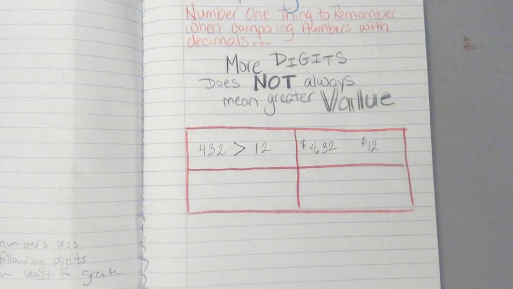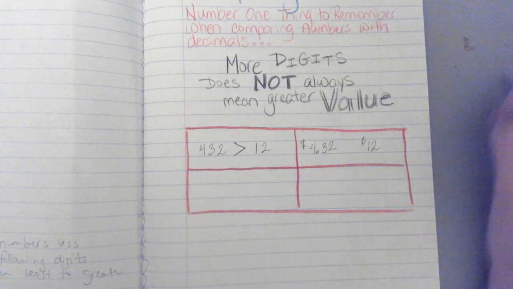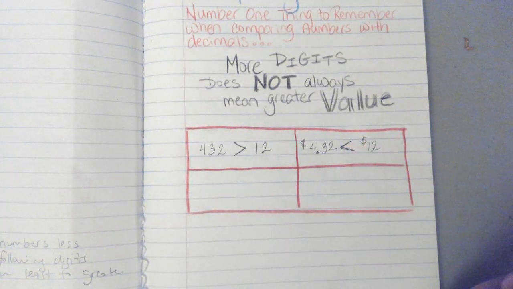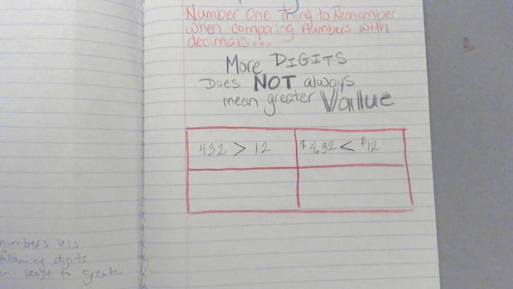Going to have pizza with a friend. You've got $4.32. Your friend's got $12. Who's getting more pizza? Okay, well, your friend is, because $12 is more. All right. Are you seeing how placing that decimal is changing some things?